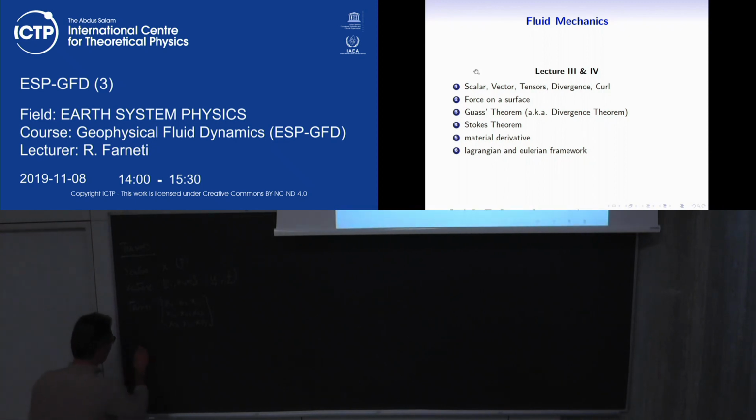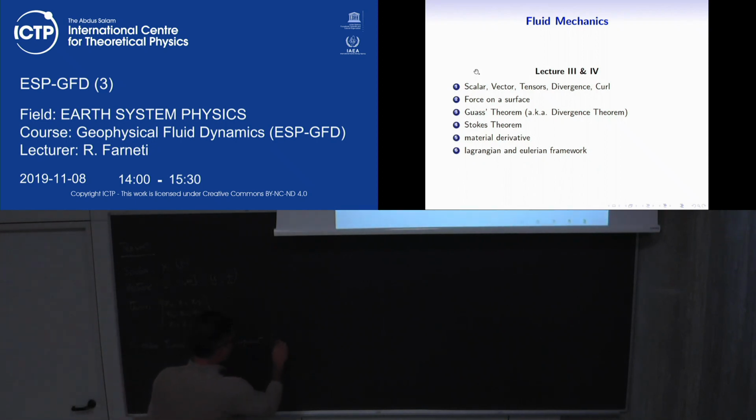So, a zero order tensor, we can write it like this, 3 to the 0, which is equal to 1. One component. So here we have 9 components. A zero order tensor is 3 to the 0, which has one component.